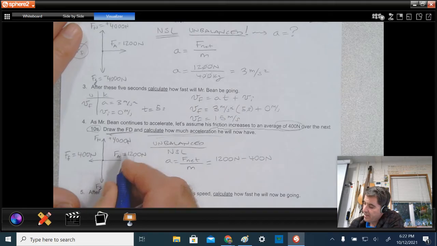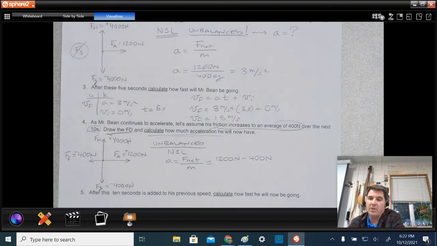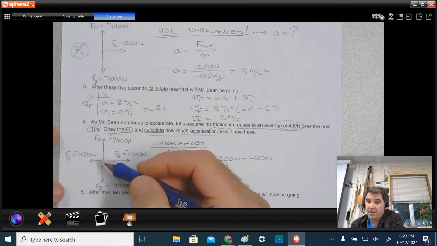Technically, this one's positive, this one's negative, so this minus this. Be careful, because some students don't really realize their mathematical equations, and they'll say 1,200 minus a minus, and that will be plus. That's saying that these two are adding together. They do add together if they're the same direction, but these are not. They're opposite directions, so no matter what, if they're opposite directions, they're going to subtract.